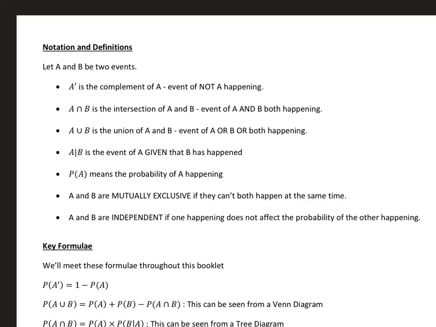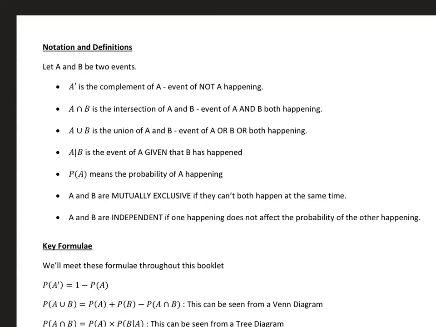So if A and B are two events, then A with a little apostrophe, so A dash, is the complement of A. So that means the event of A not happening. And then the ∩ means intersection. So the intersection of A and B, so that means the event of A and B both happening.